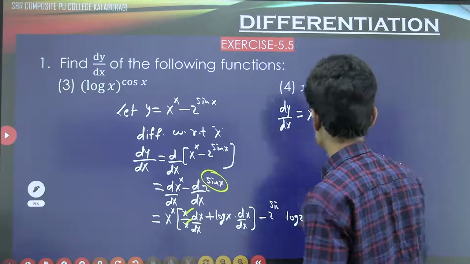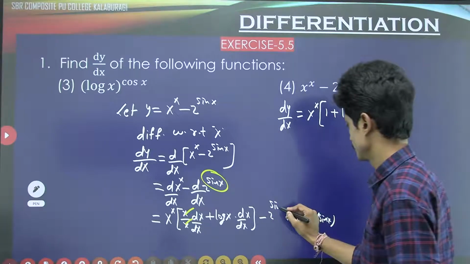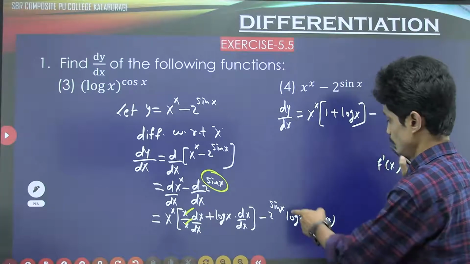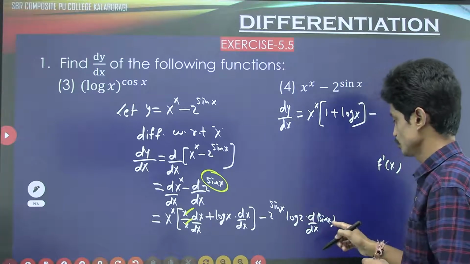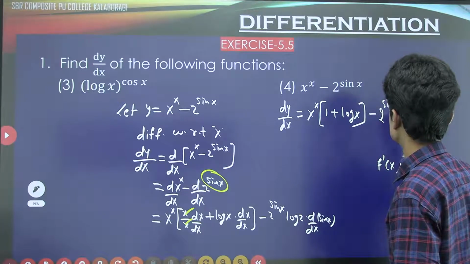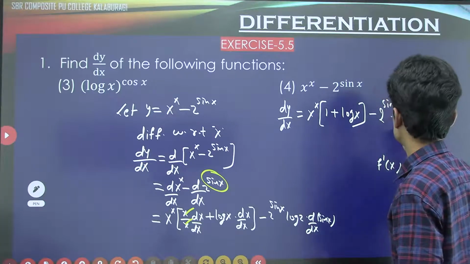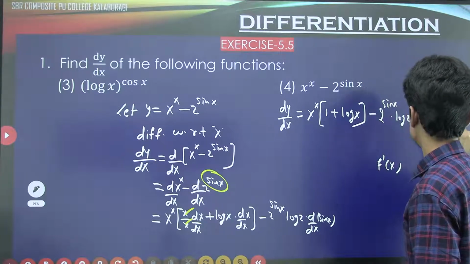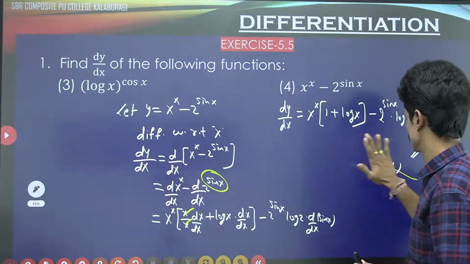No need to write here. And this side minus 2 power sin x into log 2 into the derivative of sin x, which is cos x. So this is our required result.